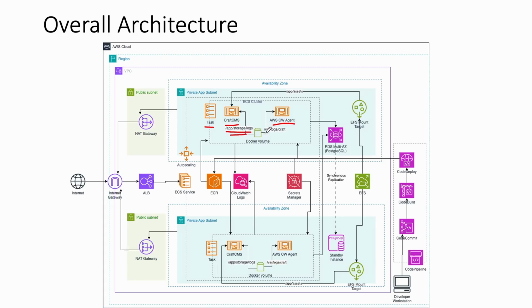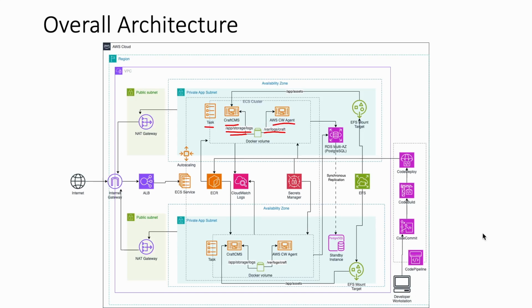For the log sidecar container, we are mounting it here, but we can select any location; we'll just have to update the agent config to point to the location we select. This ensures that any application level logs which Craft generates get published to CloudWatch.